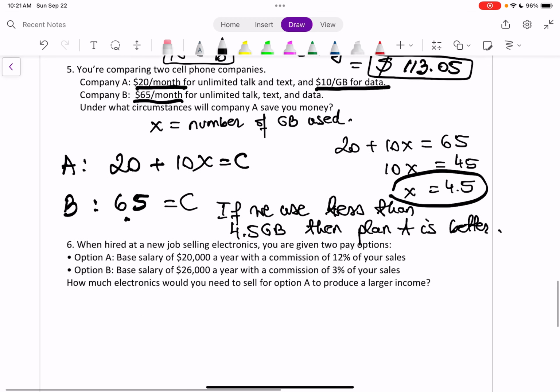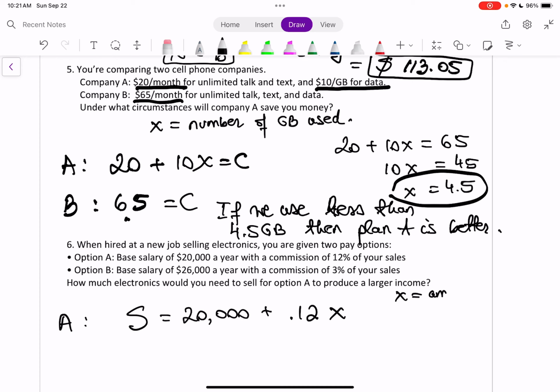And here's another one where we're comparing. When hired at a new job selling electronics, you're given two pay options. Option A is a base salary of $20,000 a year with a commission of 12% on your sales. So X is the amount of sales you make for this company.